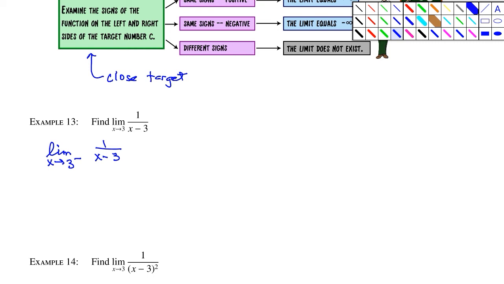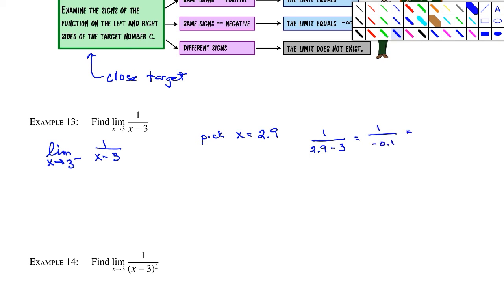So to determine this, I'm going to pick a number that is slightly smaller than 3 because I'm on the left side. And I'm going to say 2.9. Then I'm going to test this number in the function. So we're going to get 1 over 2.9 minus 3. That would be 1 over negative 0.1.